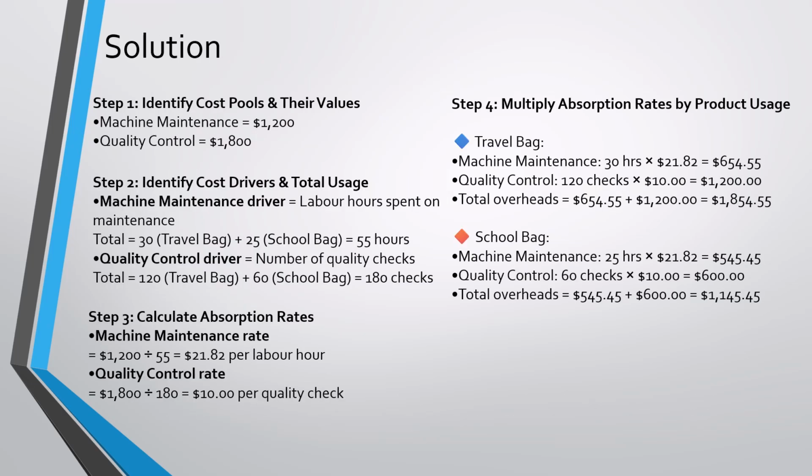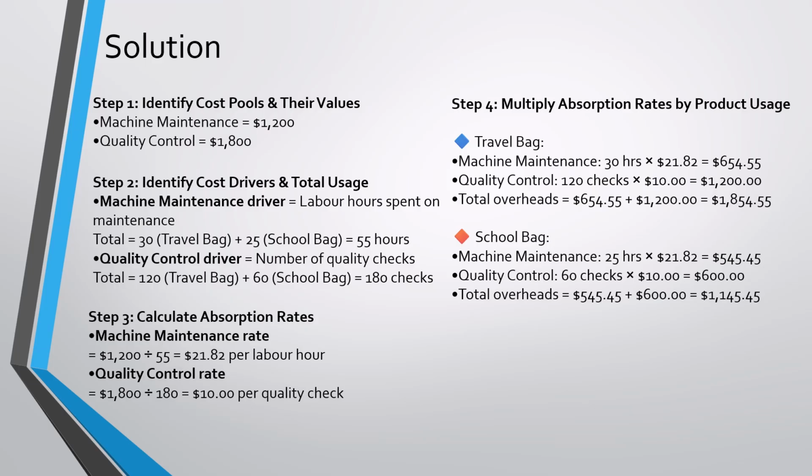Going back to our steps to calculate per unit cost, first we need to find what the cost pools are. Here we got the cost pools, which are machine maintenance and quality control. Now the total values of these cost pools are 1200 and 1800.